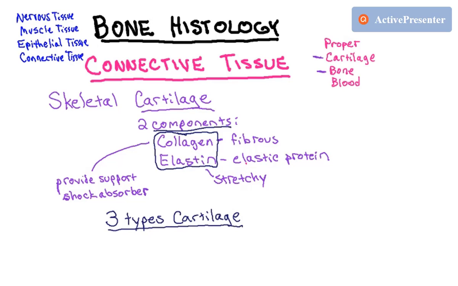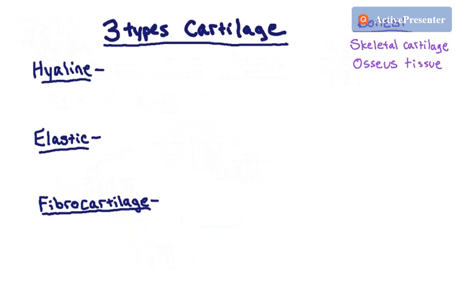And the three types of cartilage are hyaline, elastic, and fibrocartilage. All different kinds of cartilage, all important for your skeletal system. There are three types of cartilage.